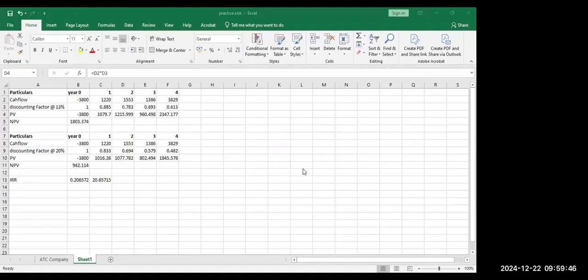Are you able to see, sir? Sagar, what is the cash flow that you have taken? Have you taken it correctly? 1553. No, it is 1153. Okay. Sorry, sir.